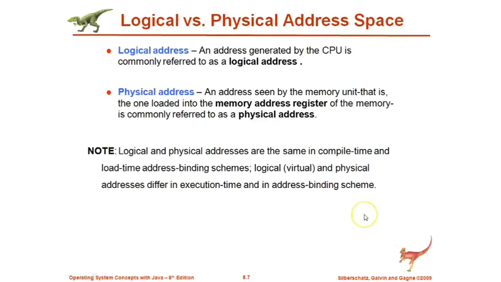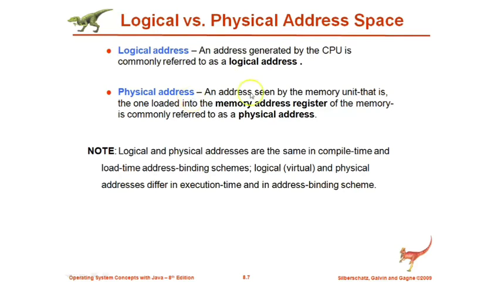After this we'll see the logical and physical address space. An address generated by the CPU is commonly referred to as a logical address. So what is a logical address? An address that is generated by the CPU is commonly referred to as the logical address. Another type is the physical address.